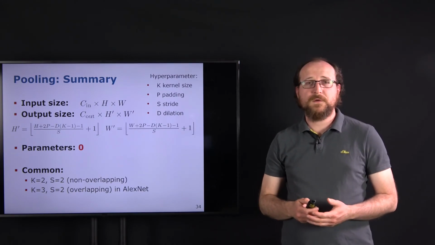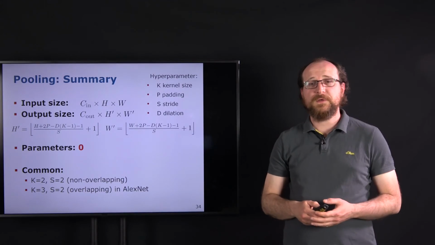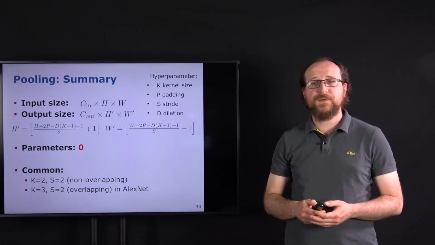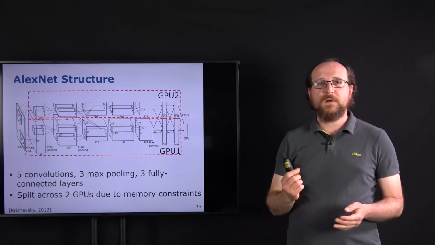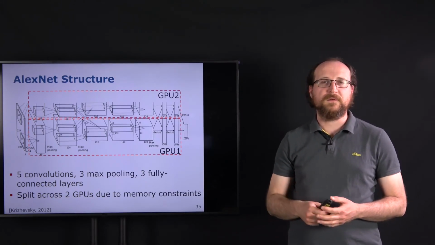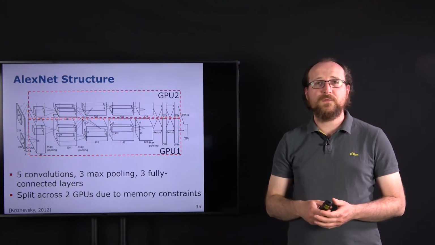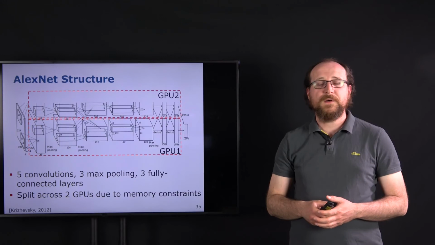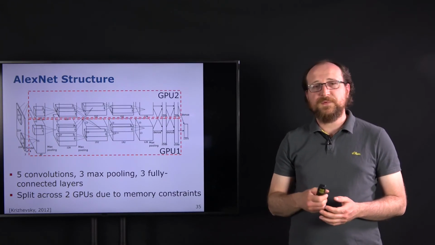Now we have discussed all building blocks of convolutional neural networks. So we had the convolutions, the max pooling operations, but also the fully connected layers. We can now move on basically to discuss what actually the AlexNet, so the entry that was so successful in the 2012 ImageNet challenge, made specifically here.